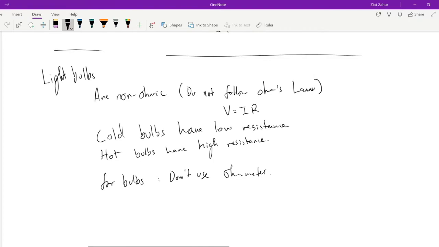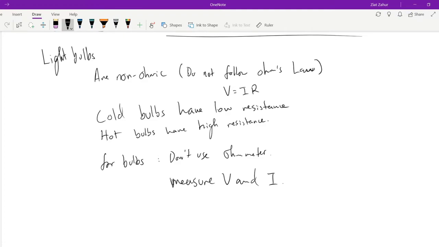What you would do is use a voltmeter to measure V and use an ammeter to measure I. And by doing V divided by I, you'll get R when the light bulb is hot.